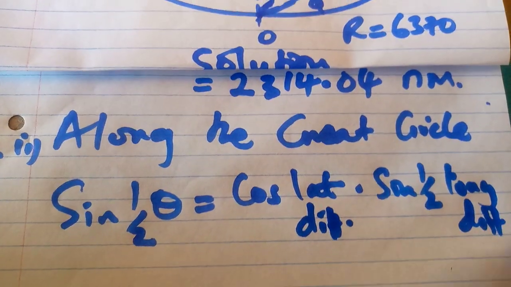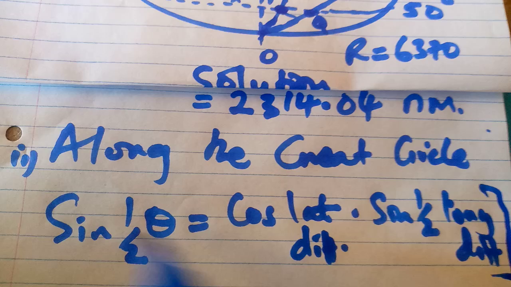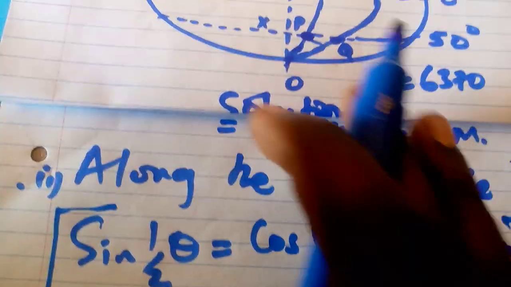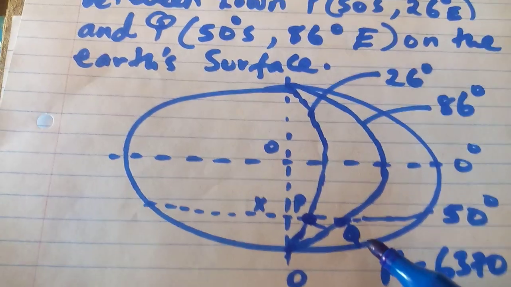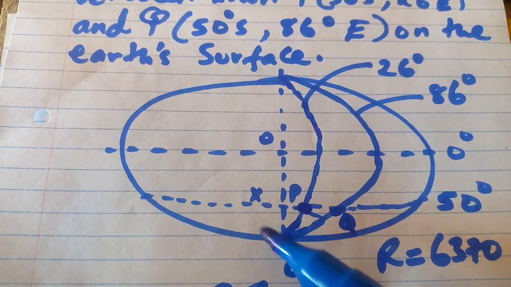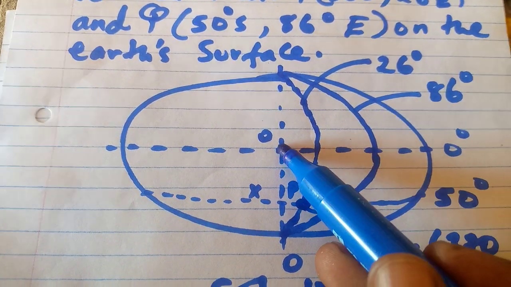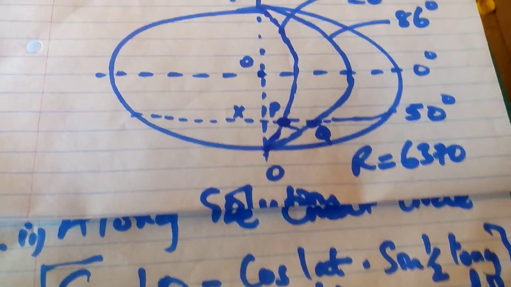So guys, if you use this formula, it's going to help you to get the angle between the 2 points P and Q measured along a great circle where the center is O.